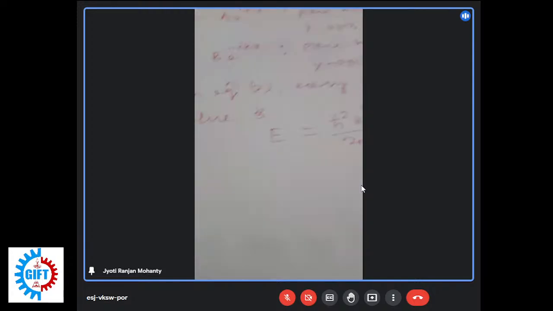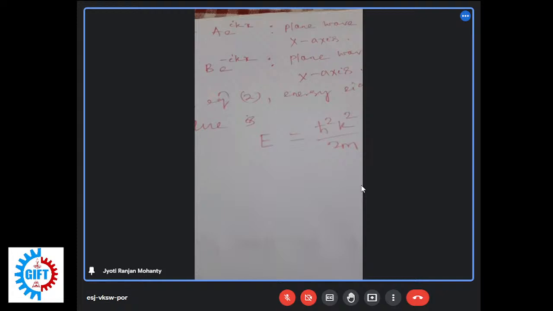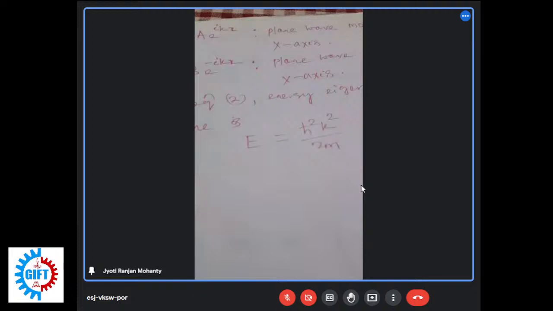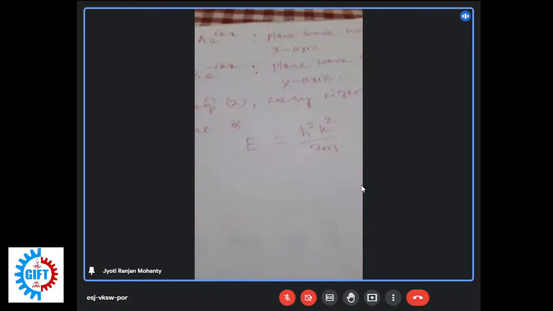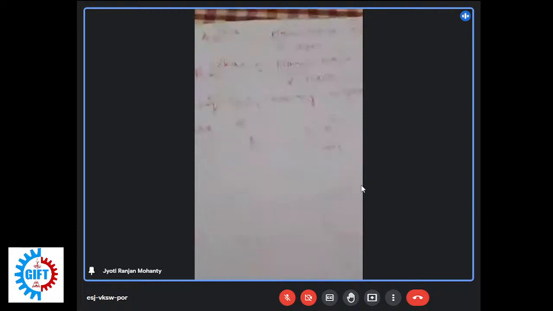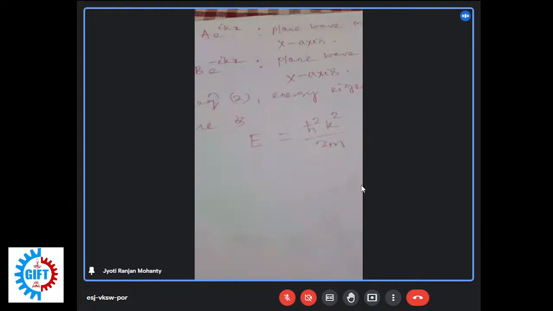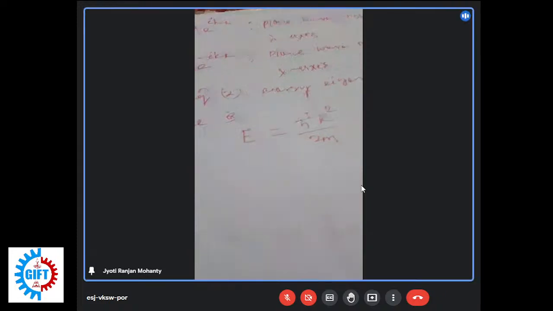Note down: since there is no restriction on the value of k, here the wave propagation vector, the energy can take any finite value.